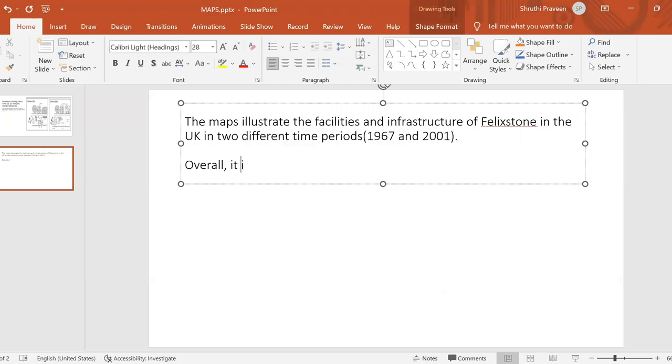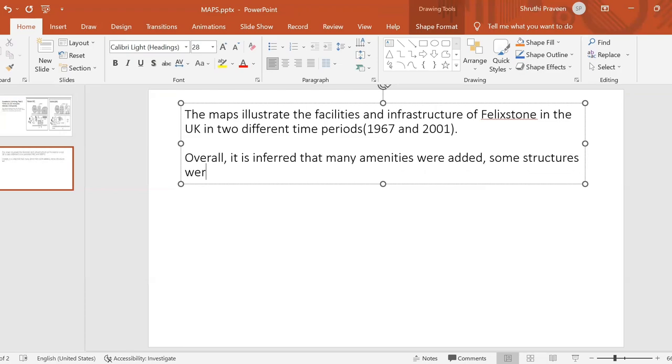Overall, it is inferred that I'm not going into the details or the data. I'm only going to write that many amenities. I already used the word facilities before, so here I'm going to write amenities were added. Some structures were retained and a few were demolished.